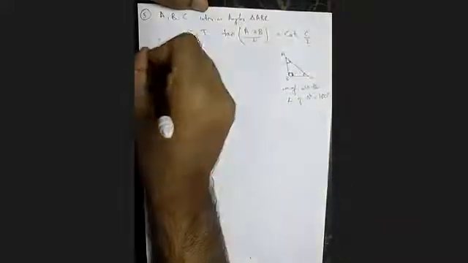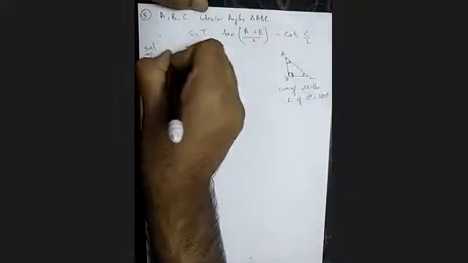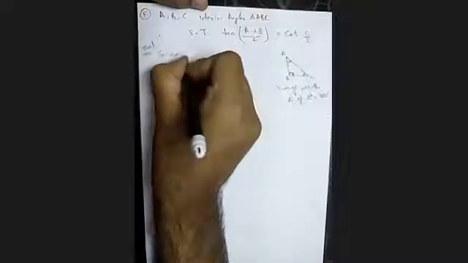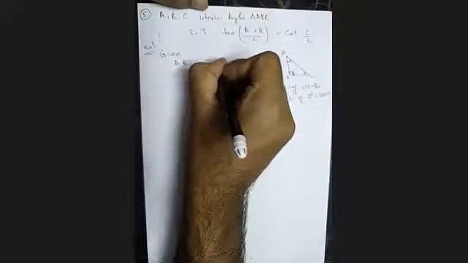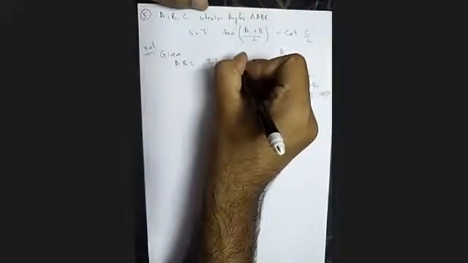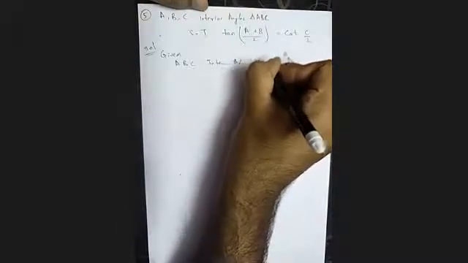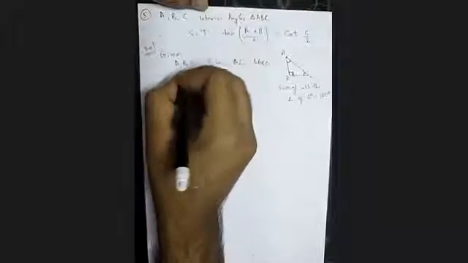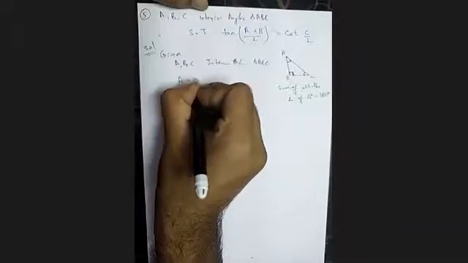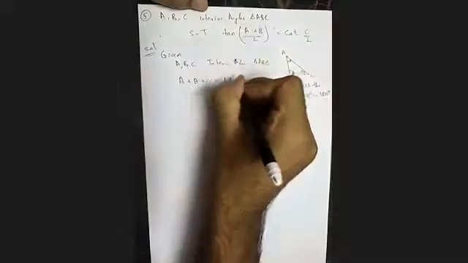So what is given to us? Given is A, B, C are interior angles of a triangle. Then A plus B plus C will be equal to the sum of all angles of a triangle, which is 180 degrees.